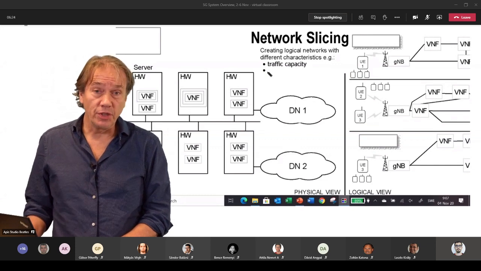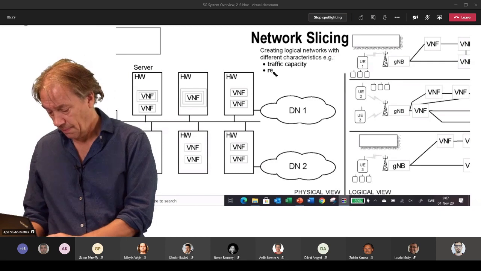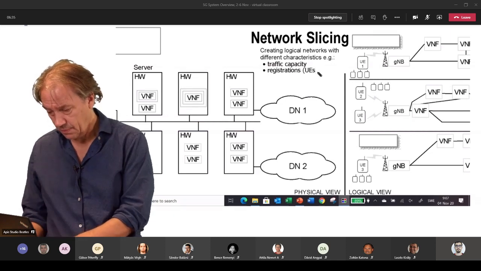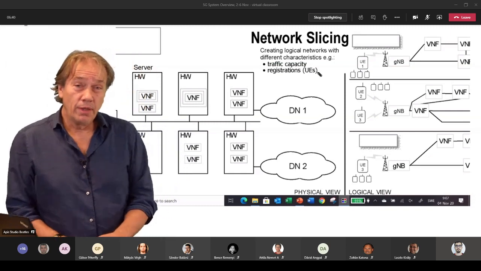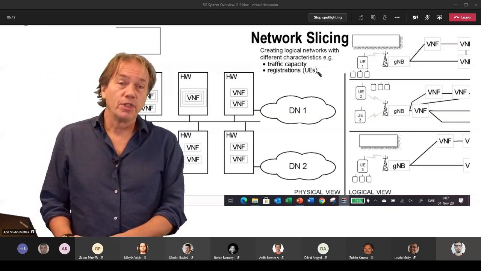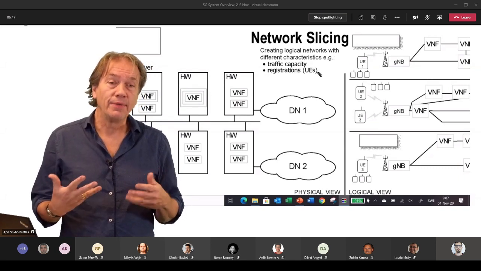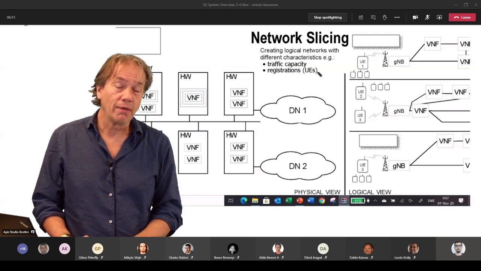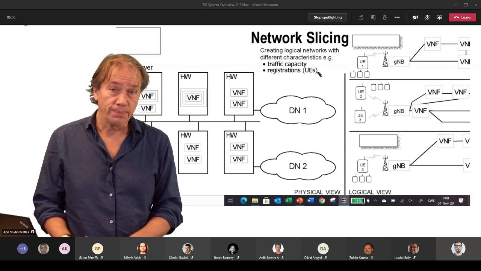Number of registrations or registered UEs. And if I remember from some previous PowerPoint presentation, one design criteria for 5G was that it should be able to have 1 million connected UEs per square kilometer.